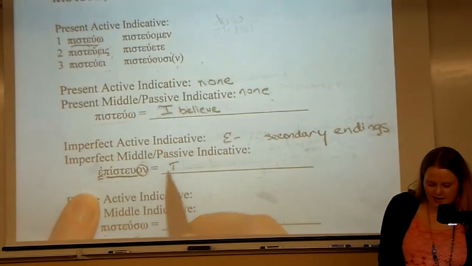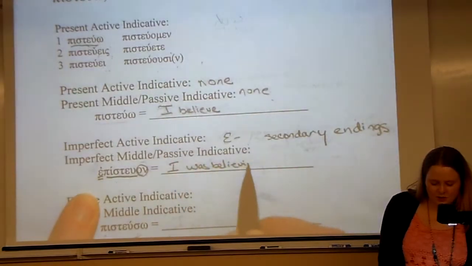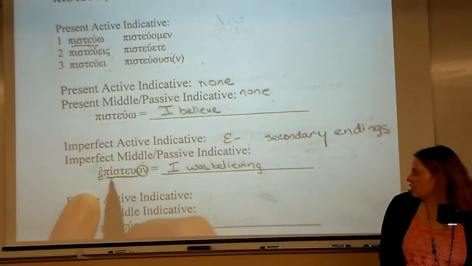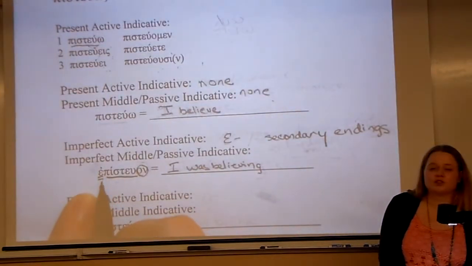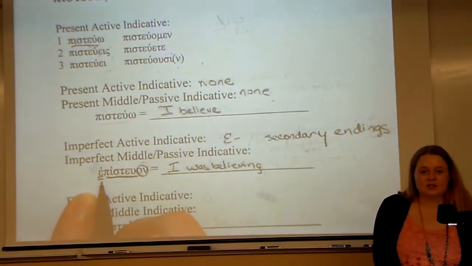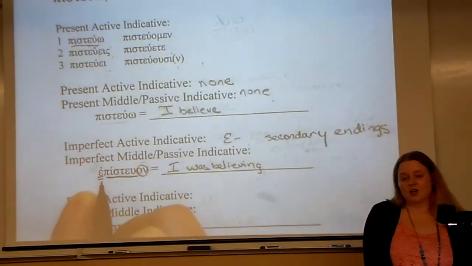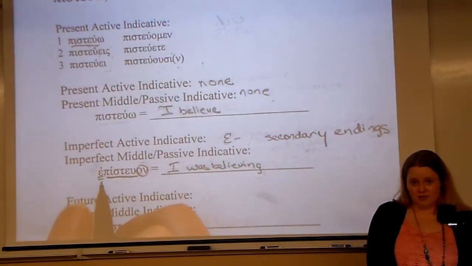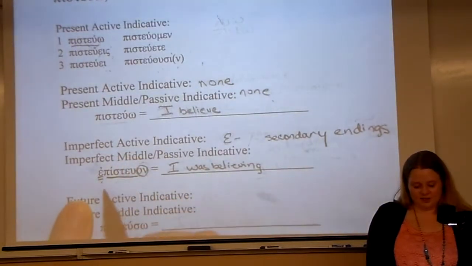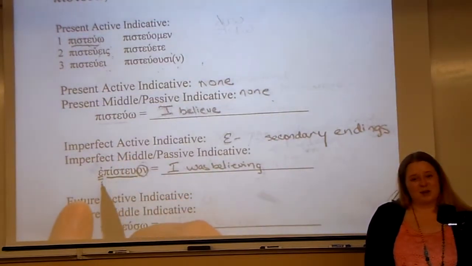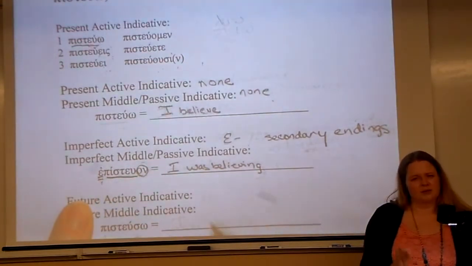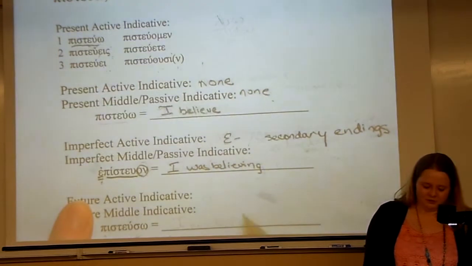And it means I was believing. So far, this is the only thing that you know with an epsilon augment. So if you're doing your homework today and you see an epsilon at the beginning of a verb that doesn't begin with an epsilon, and there are some that begin with epsilons, it means it's an imperfect. That's the best way to recognize it. It will get more complex as we move on, but for now, you're golden.